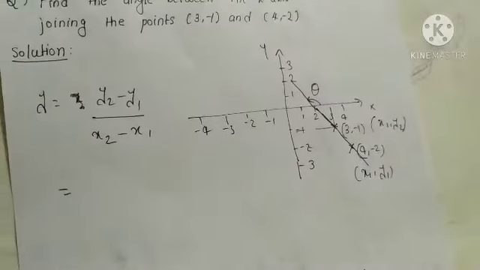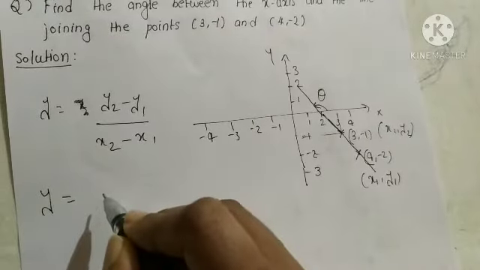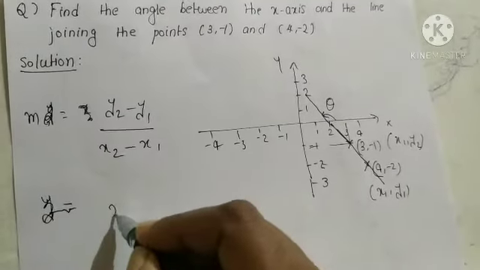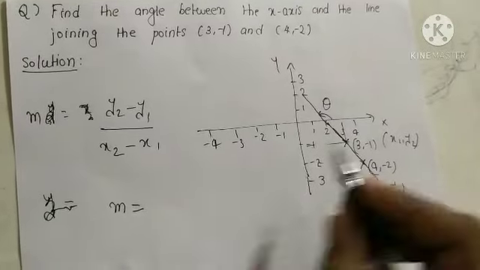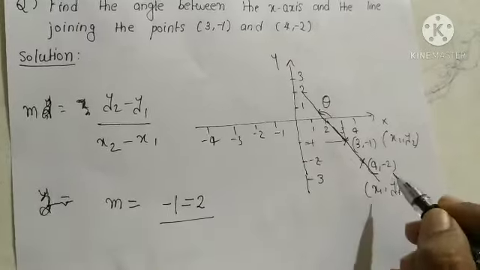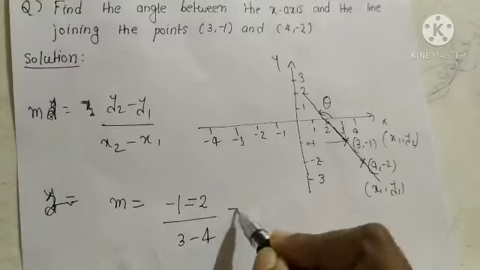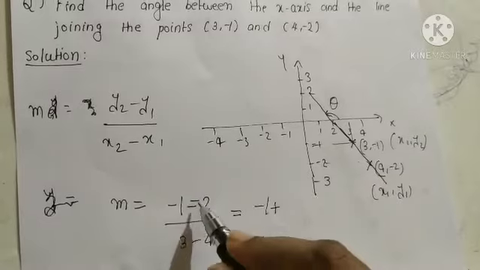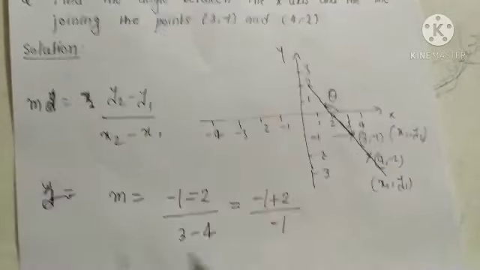So substituting the values here, slope m is equal to y2 minus y1, that is minus 1 minus of minus 2, divided by x2 minus x1, that is 3 minus 4, which will be equal to minus 1 plus 2 divided by 3 minus 4, which is minus 1.